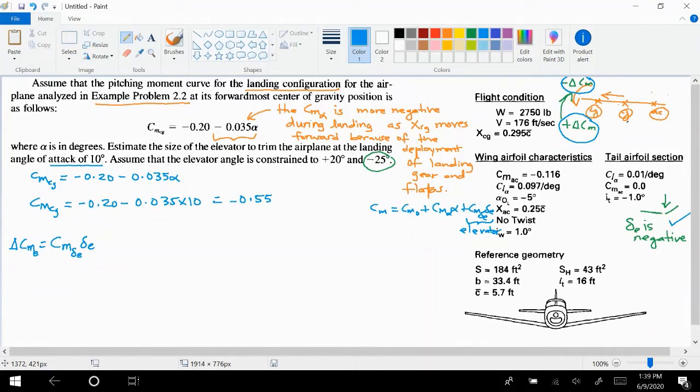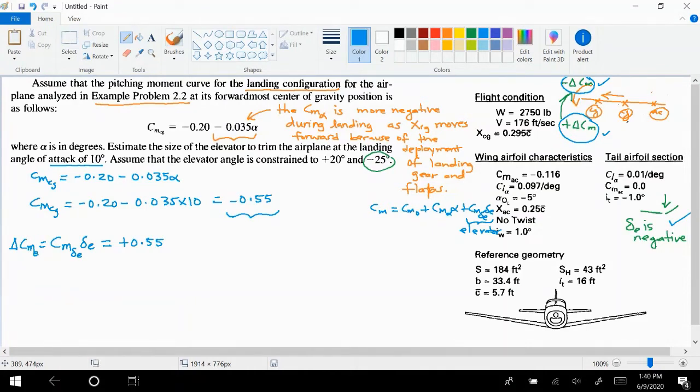And this has to be equal to plus 0.55 because the aircraft is experiencing negative 0.55, just like in the example I had discussed. Now we want to cancel that negative with positive, so we want to generate positive delta Cm. That's why Cm delta E times delta E is equal to plus 0.55.